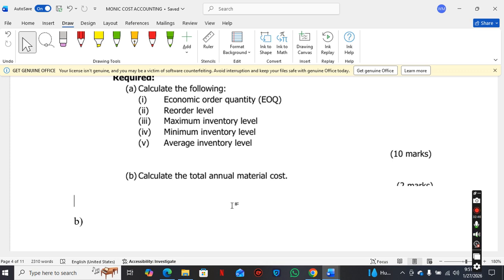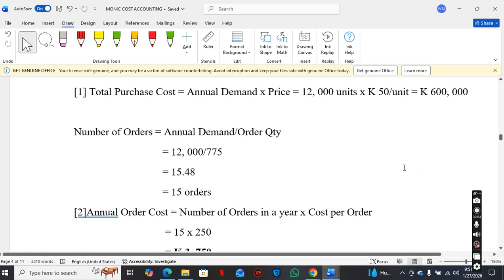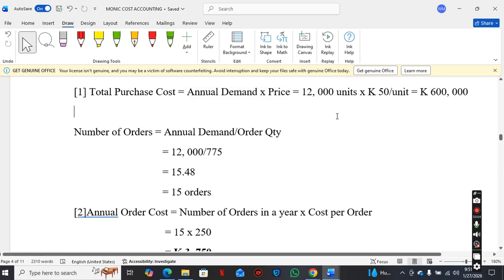You said it's supposed to be annual demand multiplied by price per unit. Yes. Annual demand multiplied by price per unit. Not monthly. When they're asking for this, they want annual. So yes, the annual demand is 12,000 units.